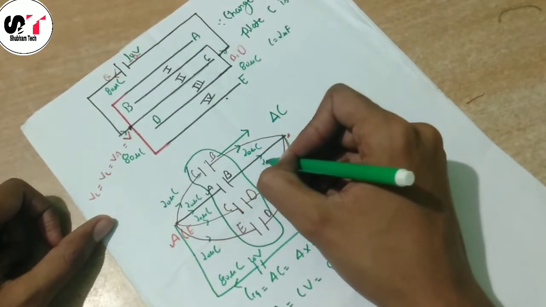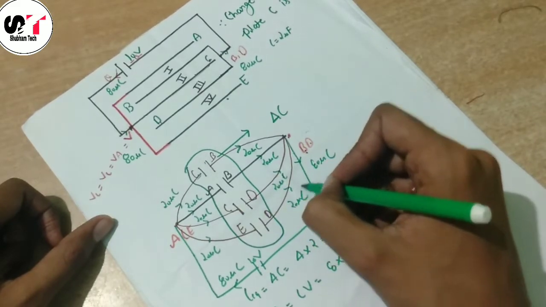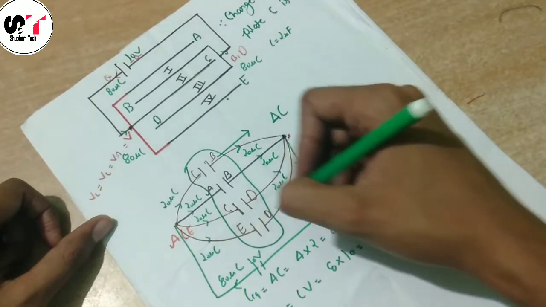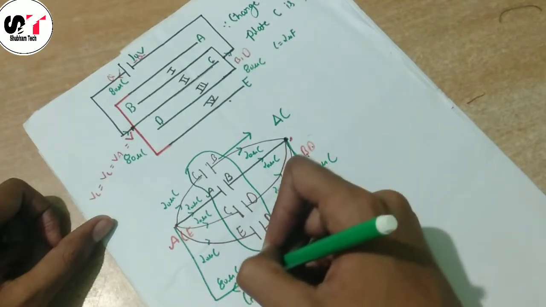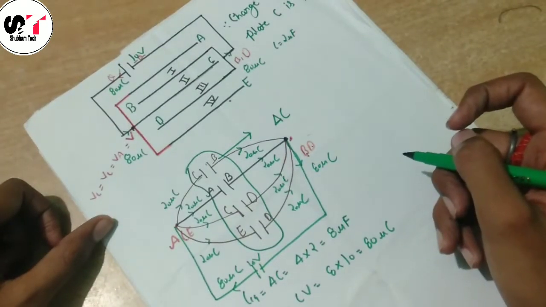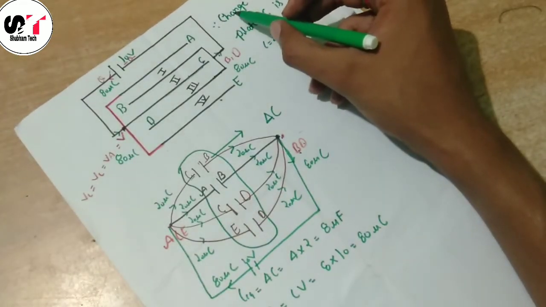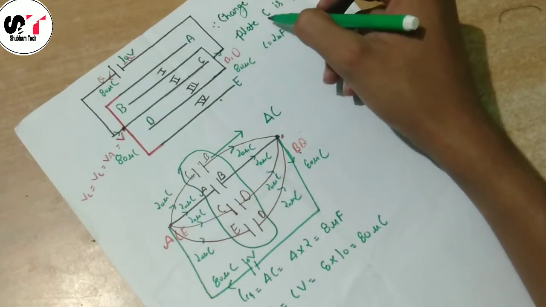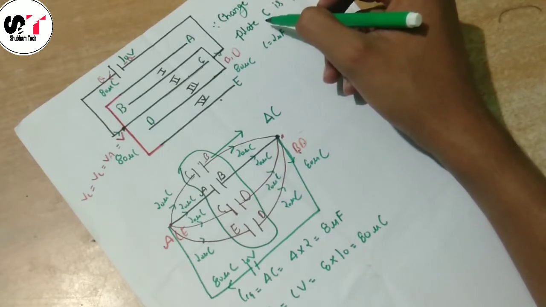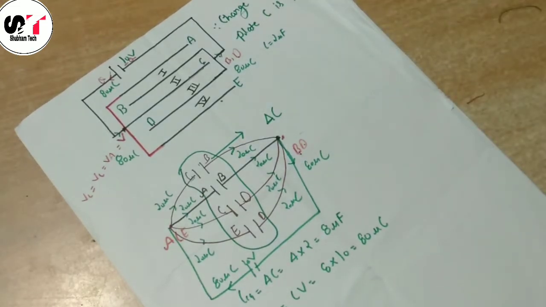Now the summation of all the charge becomes 80 microcoulomb, leaving from this point and entering to this battery, to fulfill the KVL rule. Now the question says that we have to find the charge on C plate.